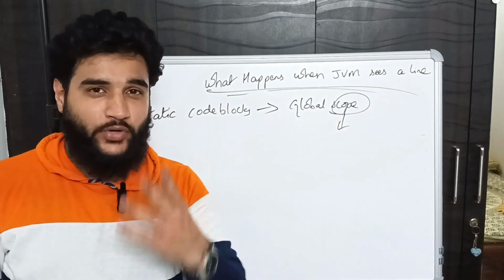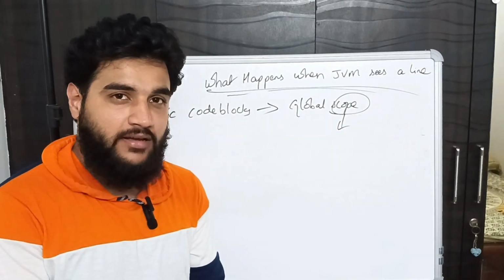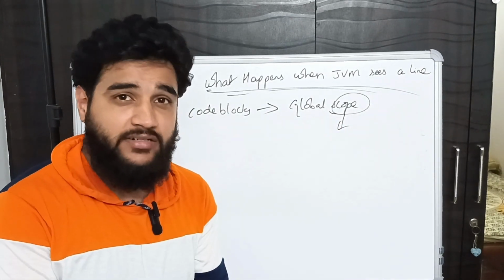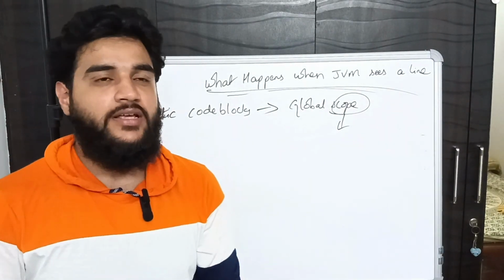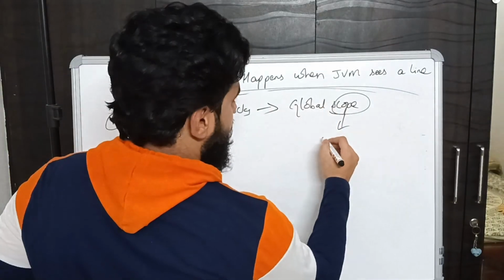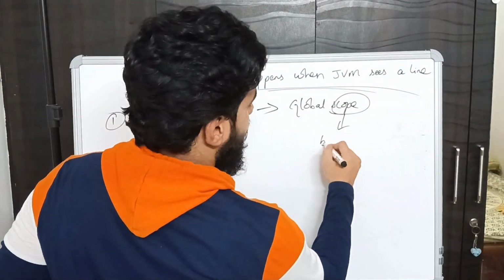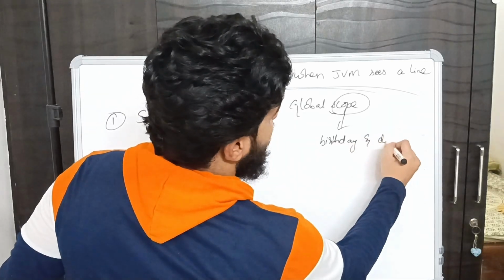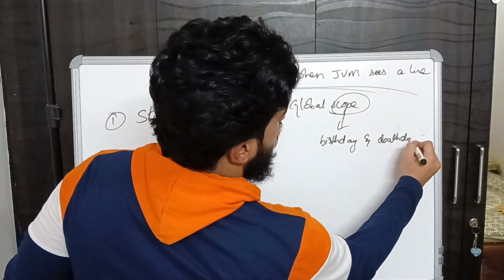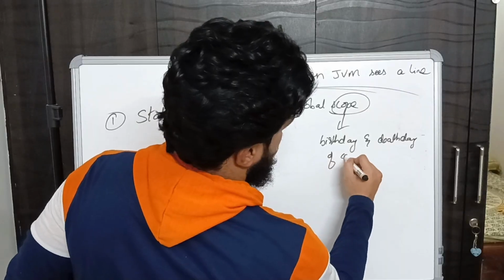Scope is basically a duration from when a code block is instantiated and till when this code block will be alive. This scope is basically the birthday and death day of a code block.